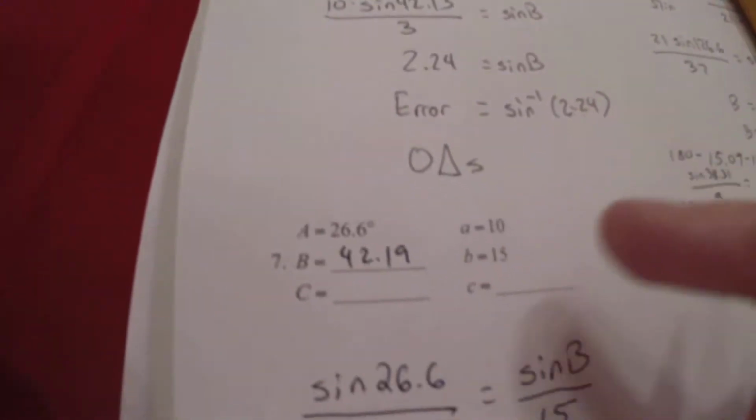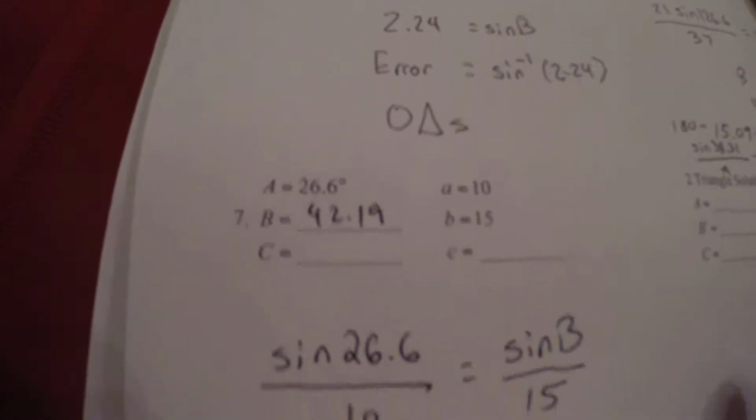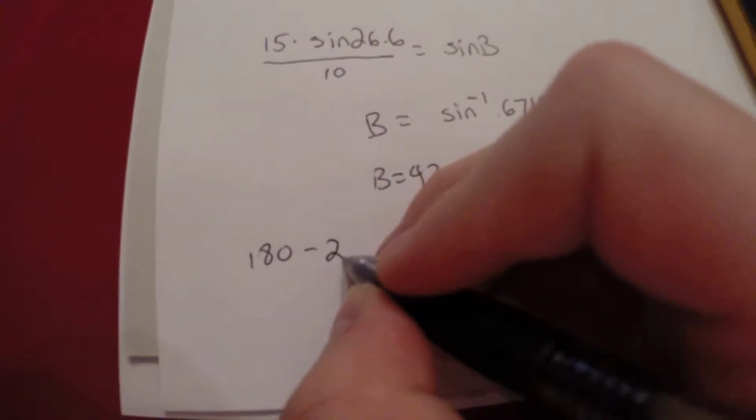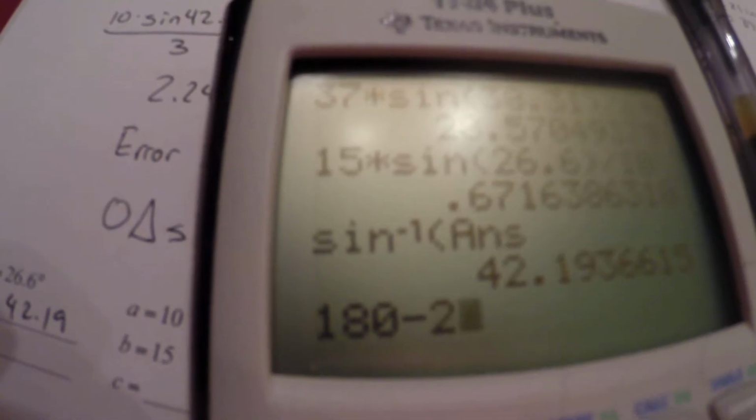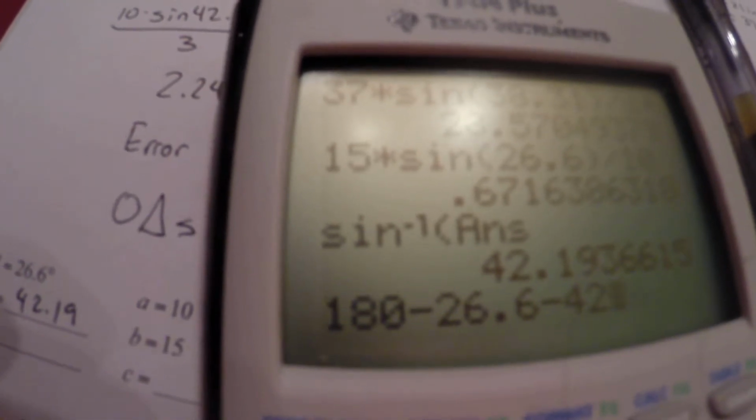I'm going to go ahead and fill in all this triangle. Just like what we've been doing, subtract from 180. So 180 minus 26.6 minus 42.19 will give me, type it in the calculator, 180 minus 26.6 minus 42.19.